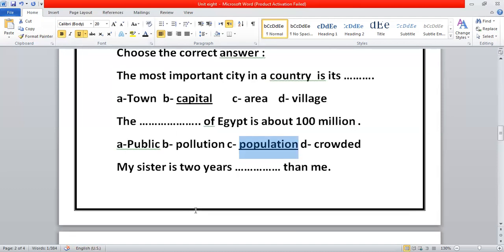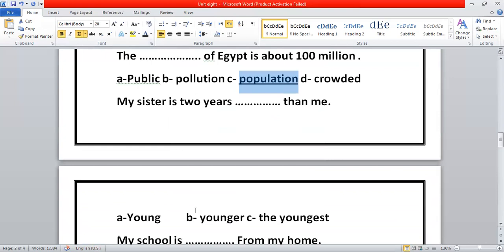My sister is 2 years younger than me. What is the right answer? Young or younger or the youngest? Yes, the right answer is younger than me, because I have here ER and than. I compare between two.